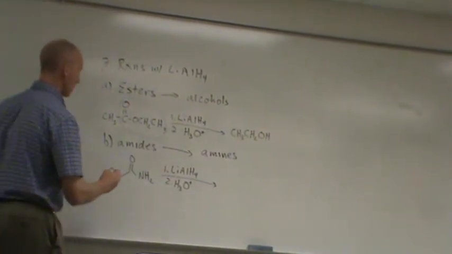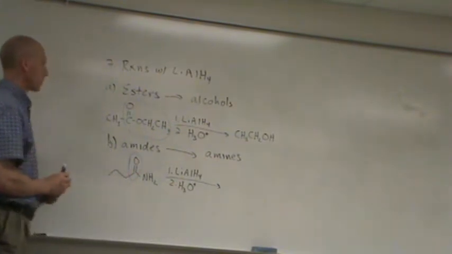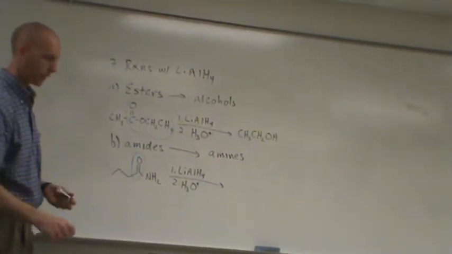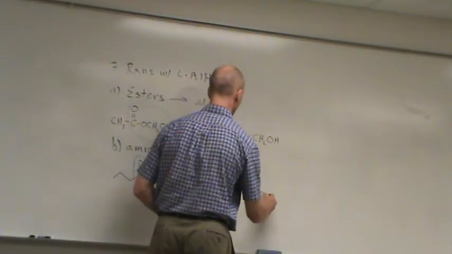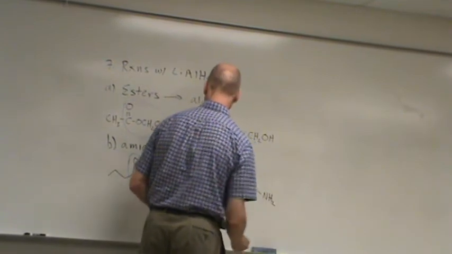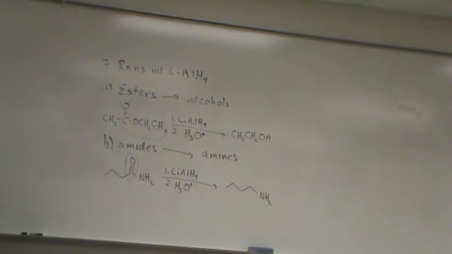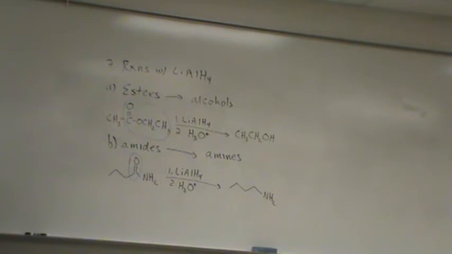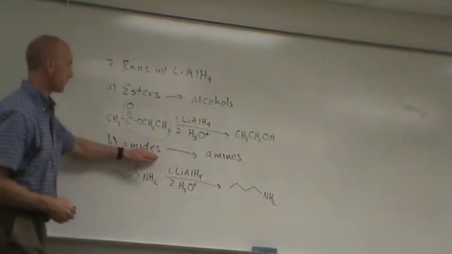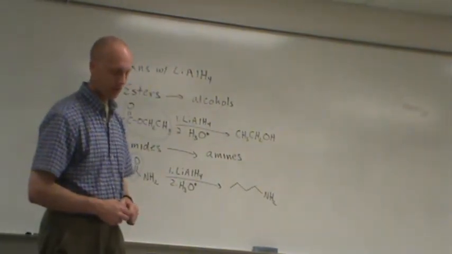So here, what will happen is the carbonyl will get reduced to a CH2, to give us the primary amine there. So that's how amides get reduced to amines.